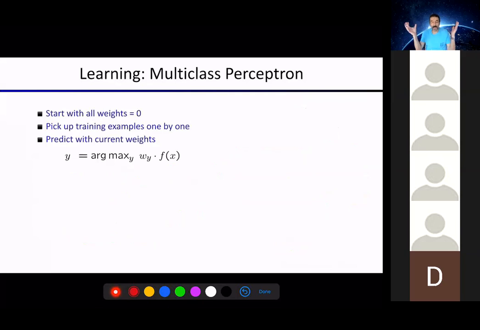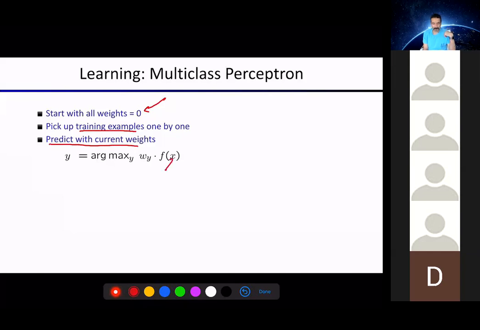So again, how the learning works is very much similar. Nothing much sophisticated here. We start similarly to the binary classifier. We start with initial weights equal to 0, and then we pick up training examples one by one, and predict with the current weights.